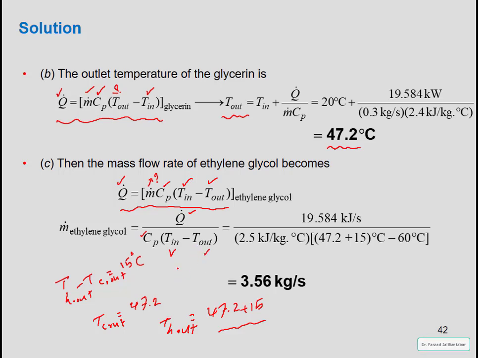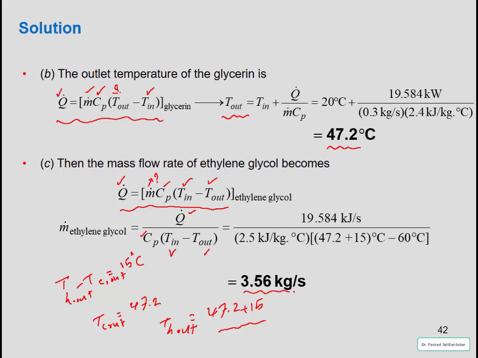Then we have also this. By substitution we can find this and that. Here they are changed. This is the T in, this is T out. It is written vice versa. We are only interested in knowing the value actually. Here ethylene glycol is losing heat or thermal energy, so its value is equal to the heat which is received by glycerin, but with a different sign.